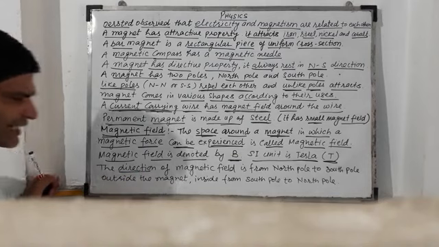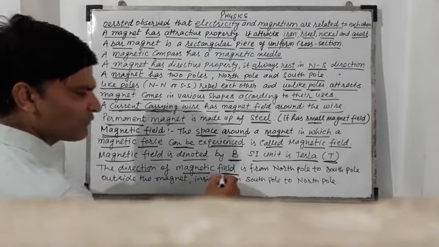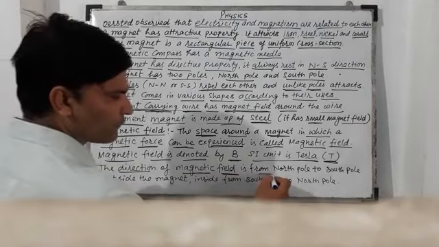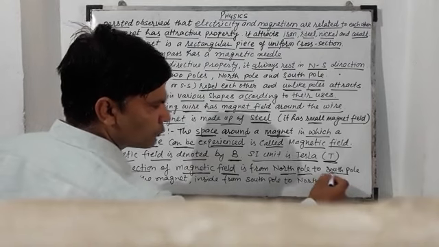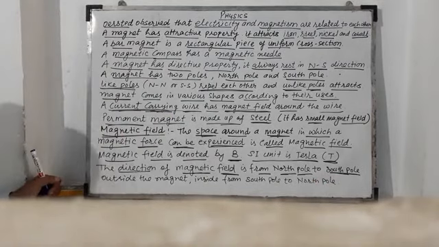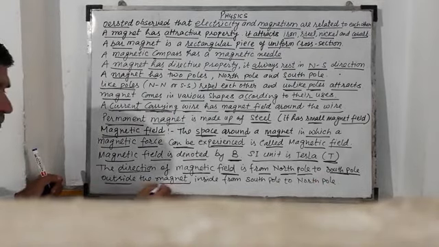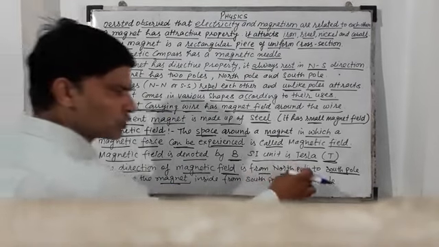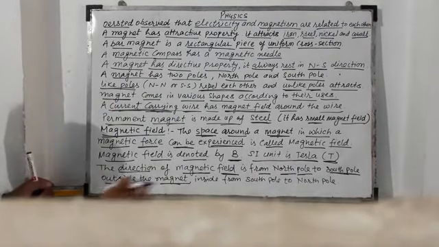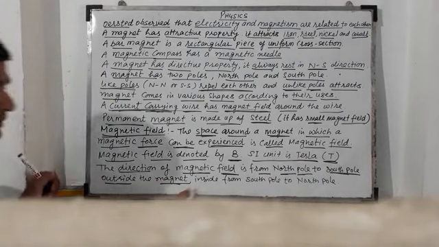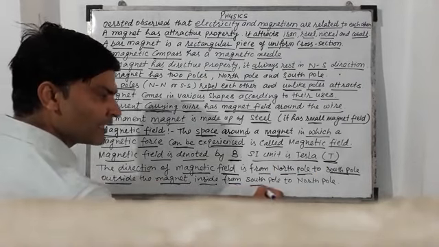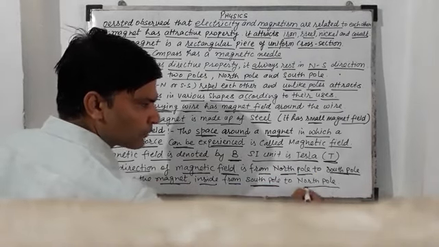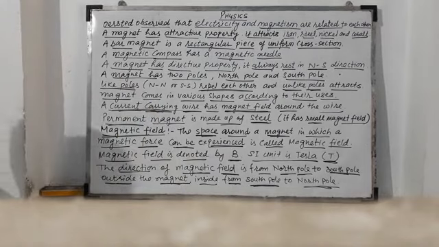Now, the direction of magnetic field is from North Pole to South Pole outside the magnet, but inside the magnet, it is from South Pole to North Pole.